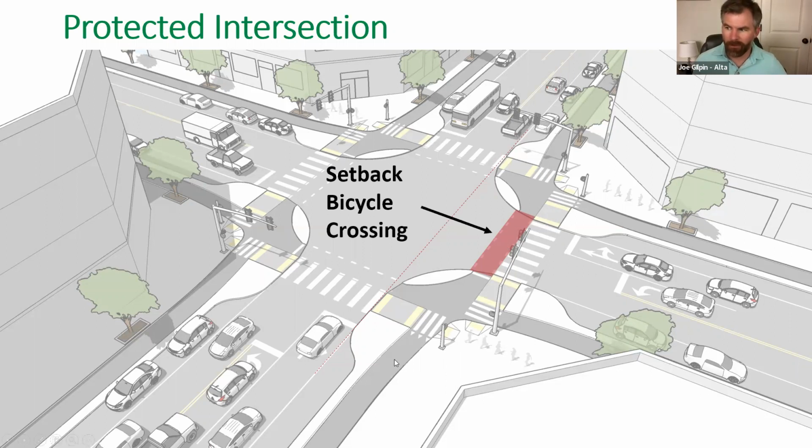You've got just a really simple way to get across. If you're going to turn right, you don't have to even interact with the intersection at all. You just make a right turn here and you're on your way into the next bike lane. If you want to make a left turn, basically this is approximating that two-stage turn queue box. So we're bringing you through the intersection, we're giving you a place to wait, and then you can continue through on the next parallel green.